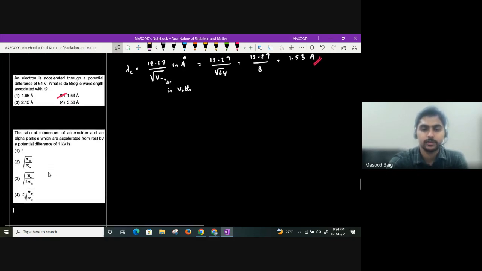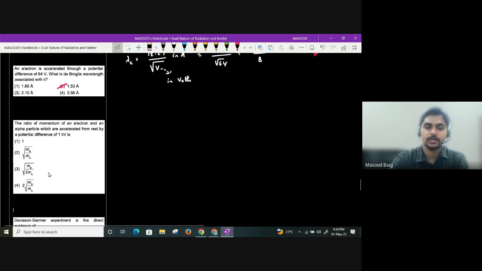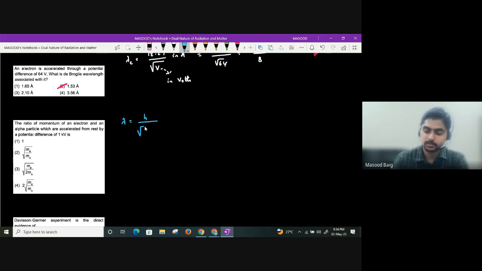Ratio of momentum of an electron and an alpha particle which are accelerated from rest by a potential difference of 1 kilovolt, they are asking. So what is momentum generally? h by lambda. Ratio of momentum of electron to alpha particle, so how can you write momentum? It is root over 2mK, or I can write root over 2mqV.